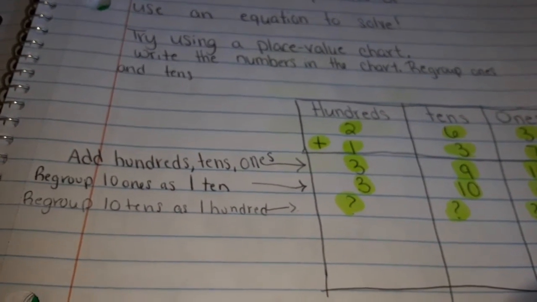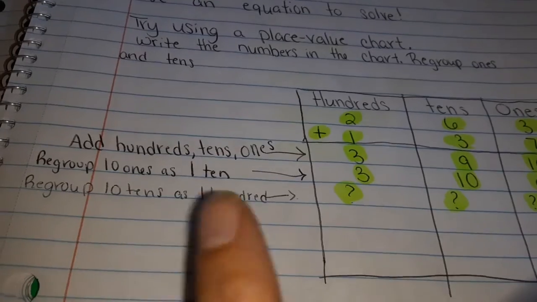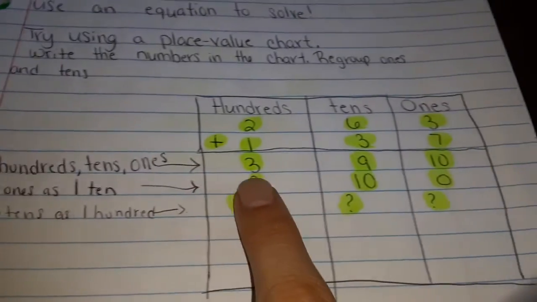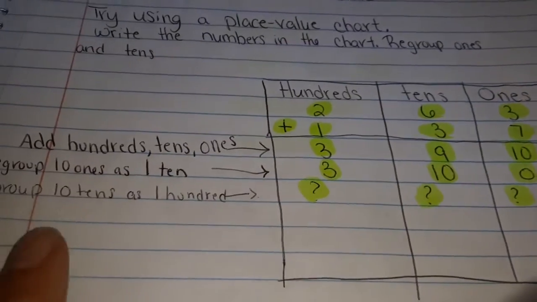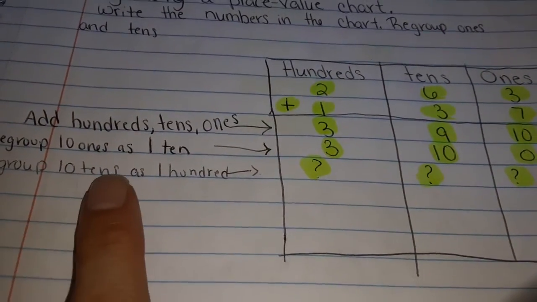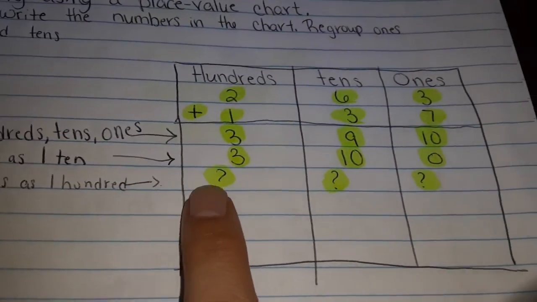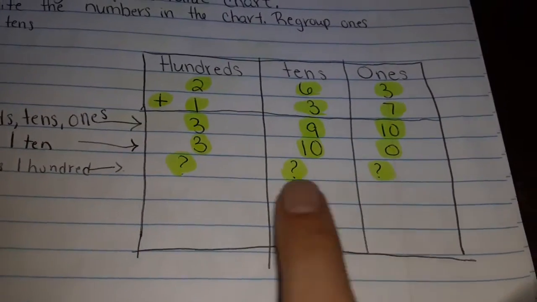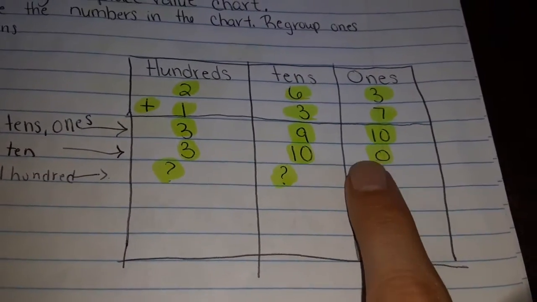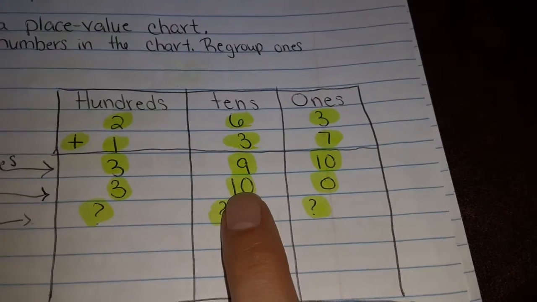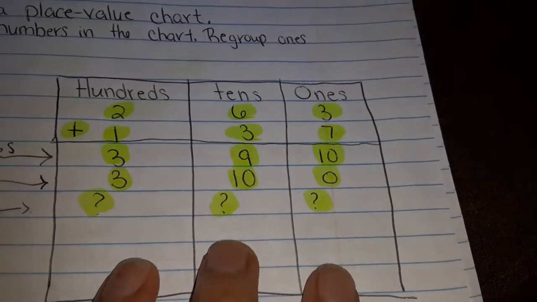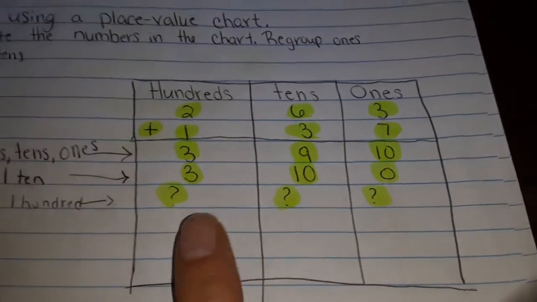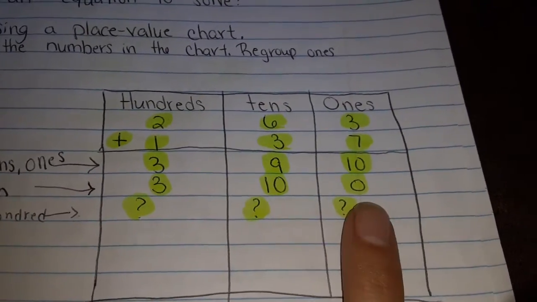So add hundreds, tens, and ones. Regroup 10 ones as 1 ten, and regroup 10 tens as 100. So what that means is, see how this has a 10 in here? We're trying to make this so it's not a 10 anymore. We want 3 numbers. 1, 2, 3.